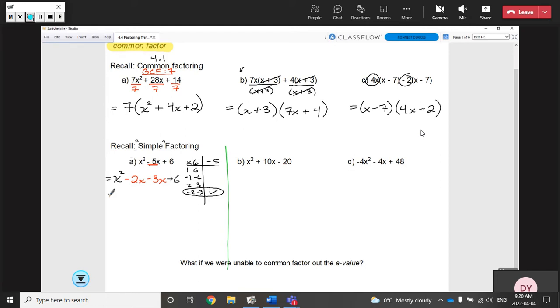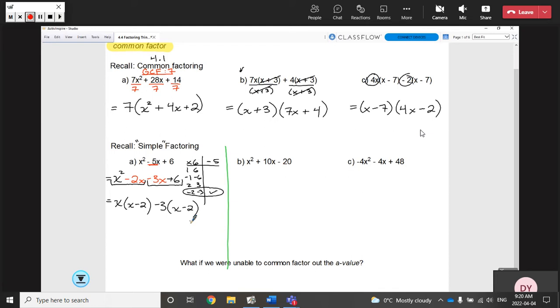We factor the greatest common factor from the first two terms and then from the last two terms. In the first two terms, the greatest common factor is x, and we're left with x minus 2. In the second group, our greatest common factor is negative 3, and we're left with x minus 2.